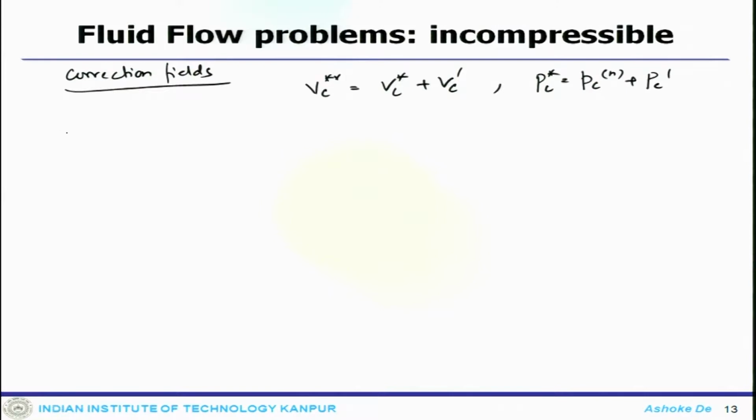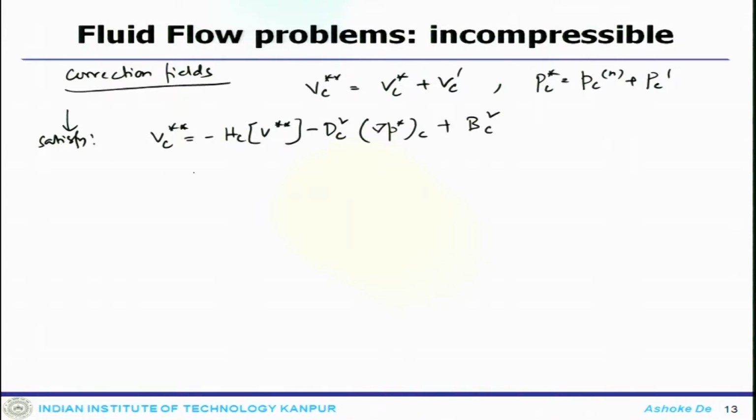The corrected field will satisfy the equation Vc double star equals minus Hc V double star minus dCV delta P star C plus Bcv, which is minus Hc V star plus V prime minus dCV delta P n plus P prime, which is C plus Vcb.